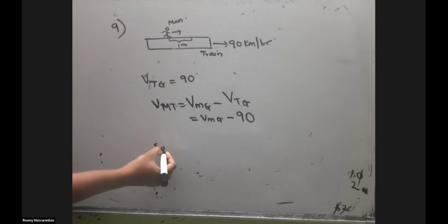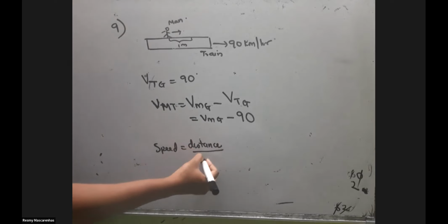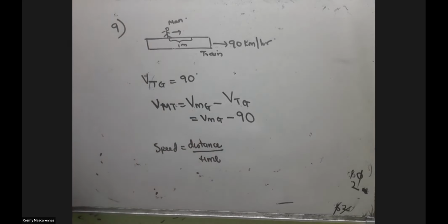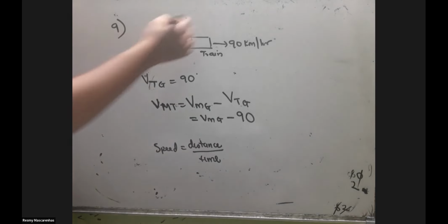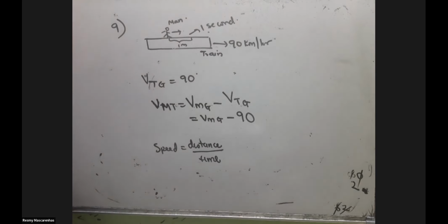So we know that speed is nothing but distance upon time. In 1 second it has been told: 1 meter in 1 second. So time is given as 1 second.